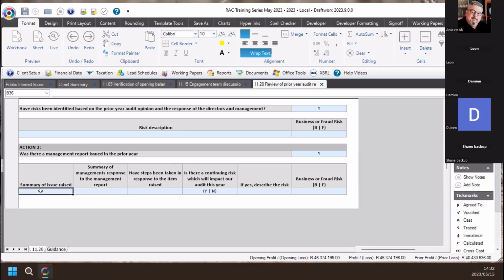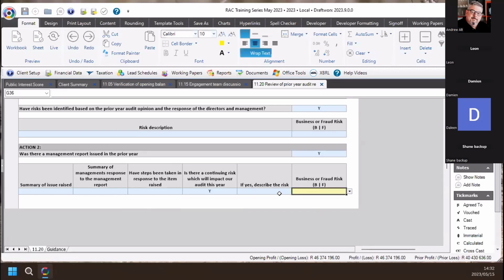So just a brief summary of management's response. Have discussions with management and see if any actual steps have been taken by management to address the management report. And then we ask the question, is there a continuing risk? And if there is, describe it.